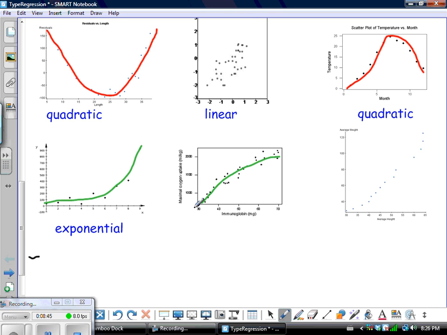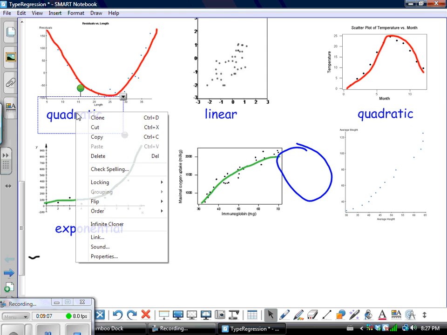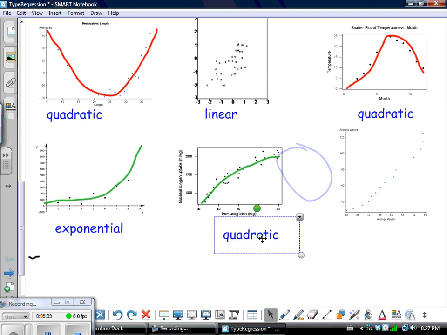However, an exponential doesn't go off this way. Even if it was growth, it would go up more this way. So this one I'm going to say is quadratic, because I'm assuming that what's happening on this side is maybe it's going to go down. So again, I'm basing it on maybe. So this one I'm going to say it's quadratic.